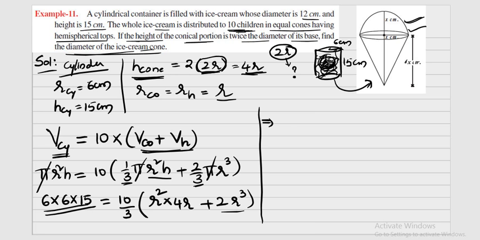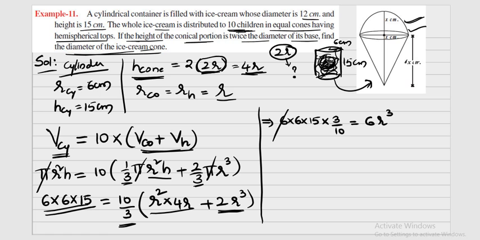So what I am going to get, 6 into 15 into this 10 by 3, if I transpose it becomes 3 by 10 is equal to, already this is r square into 4r, which is nothing but 4r cube, and this is 2r cube, so 4r cube plus 2r cube gives me 6r cube.